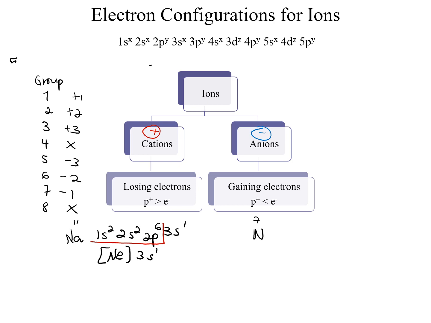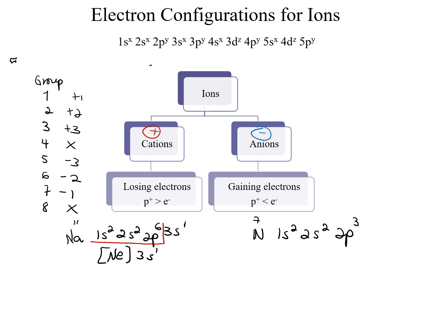So I'm going to do it for nitrogen with 7 electrons. Electron configuration 1s2, 2s2, and that's 4, and then 2p3. That's 7 electrons.